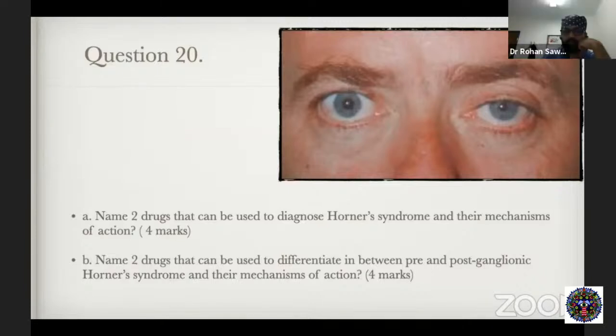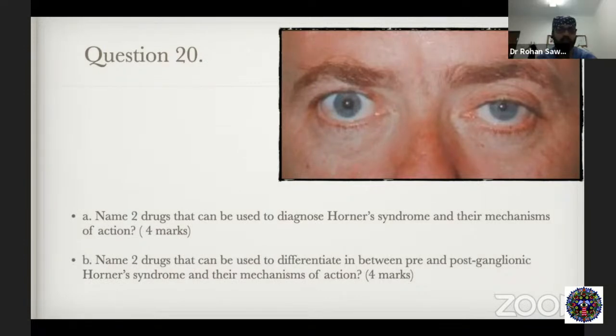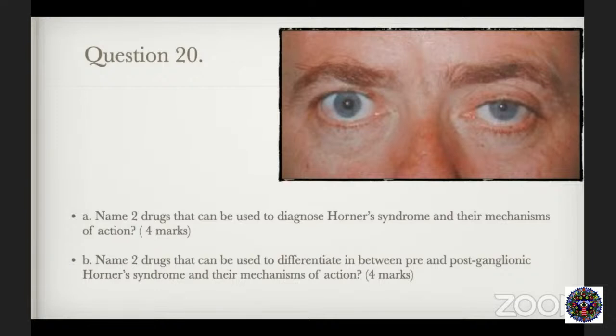Great. So coming to the first question, you're diagnosing Horner's with apraclonidine 0.5 or 1%. How does it work? What is the mechanism of action? Because they've asked the mechanism of action in the question, which is for 4 marks. Apraclonidine mainly increases the sympathetic activity by acting on alpha-2 receptors.